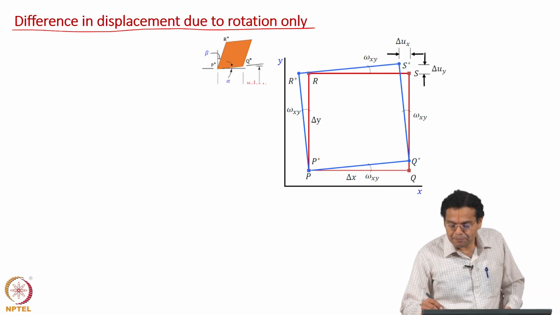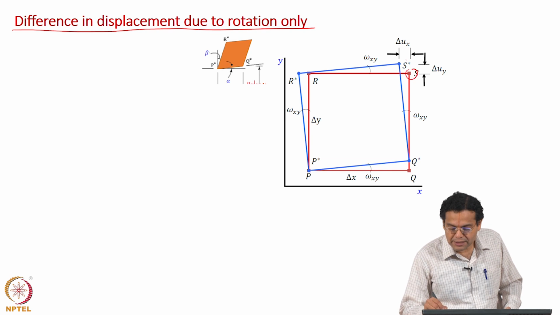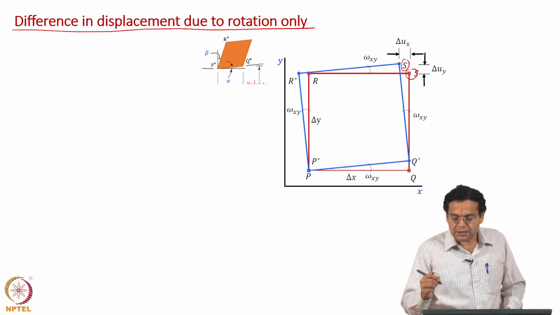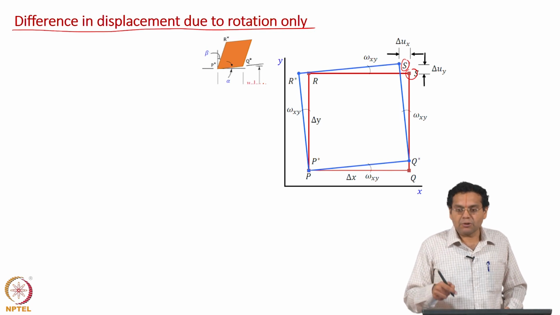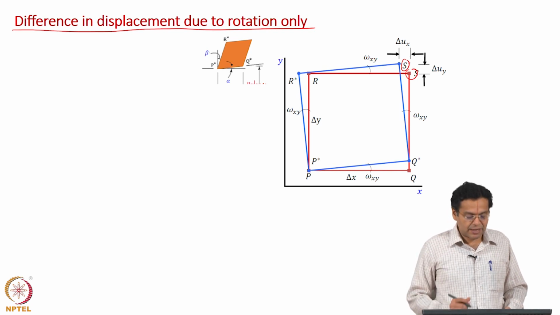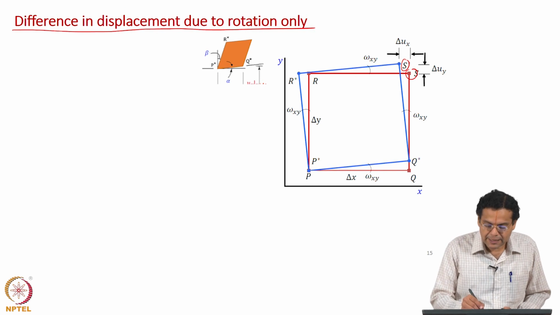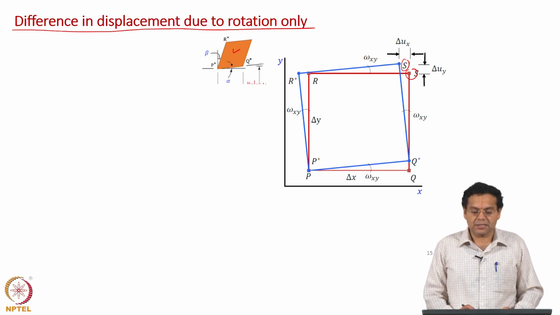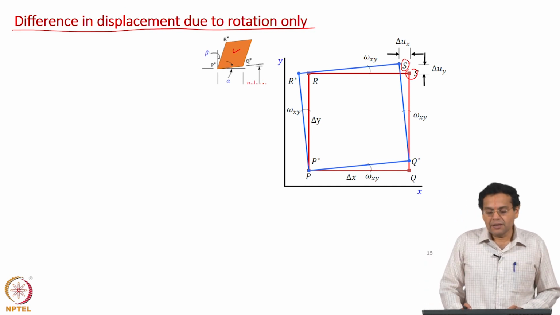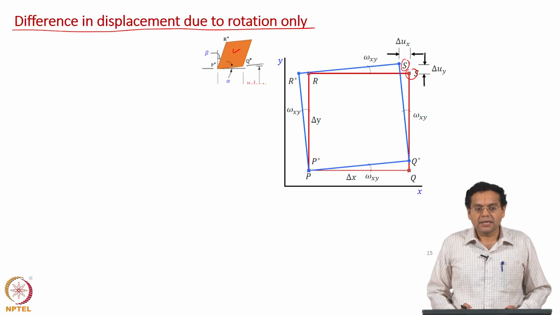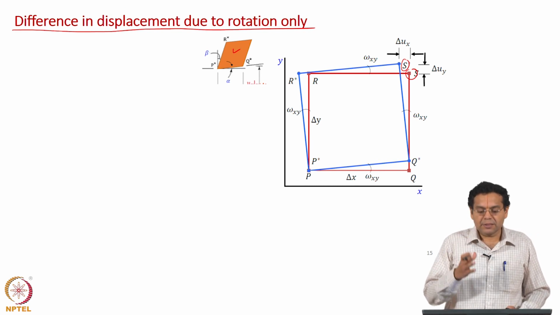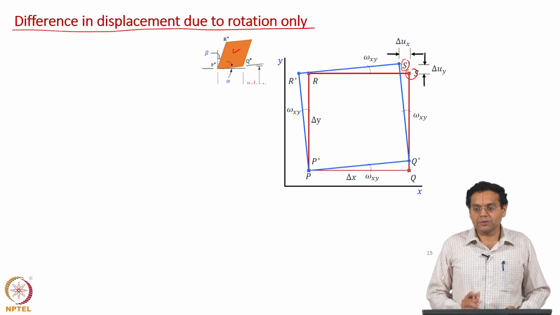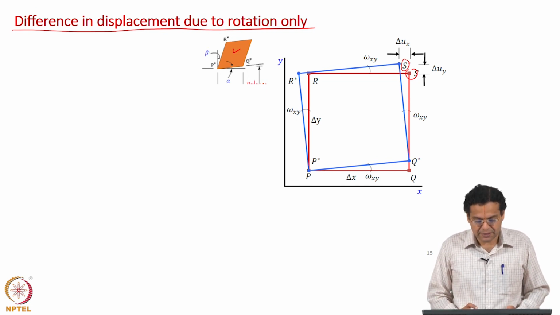Look at this, S has moved to S star, there is a difference in displacement. The reason is rotation. We are going to evaluate the expression for that. Now, once again this figure we have discussed already in the context of deriving the relationship between normal strain, shear strain and rotation, also derived in terms of displacement gradient, same figure as we have seen in the previous slide.